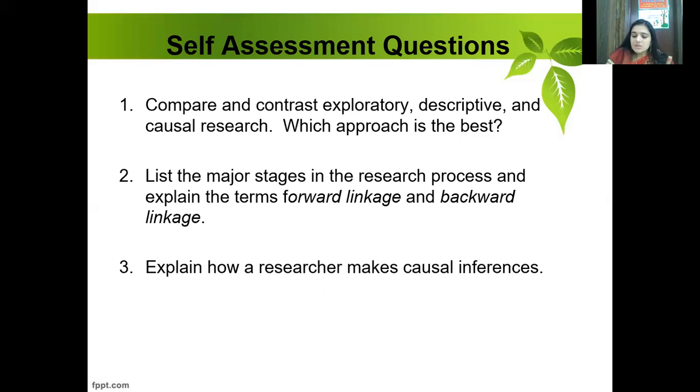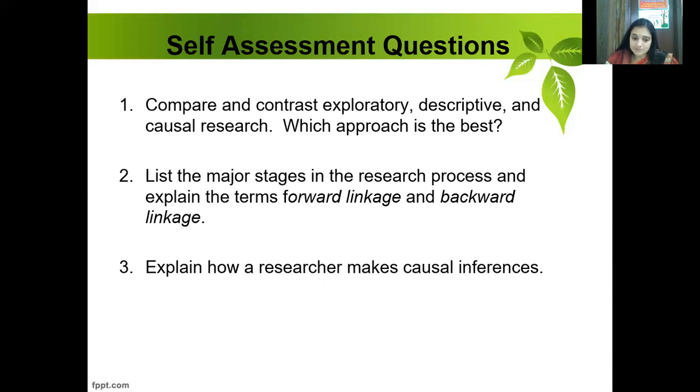Forward linkage means the same thing will be needed in future in forward steps. For example, research design is needed at all the steps, whereas research design is the second step. And backward linkage is something which is decided one or two steps back.